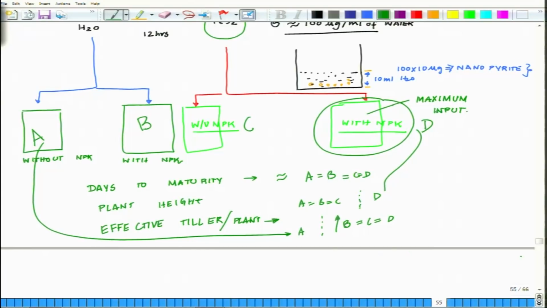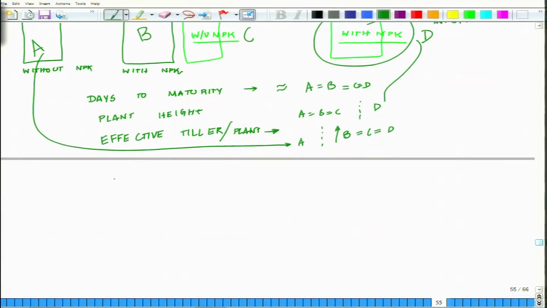And in terms of the yield, what was observed was, in the case of control, situation A, it was 1.32 kilogram per hectare.